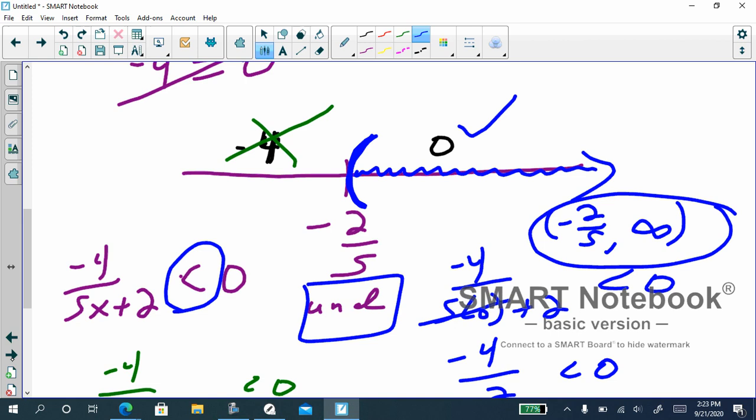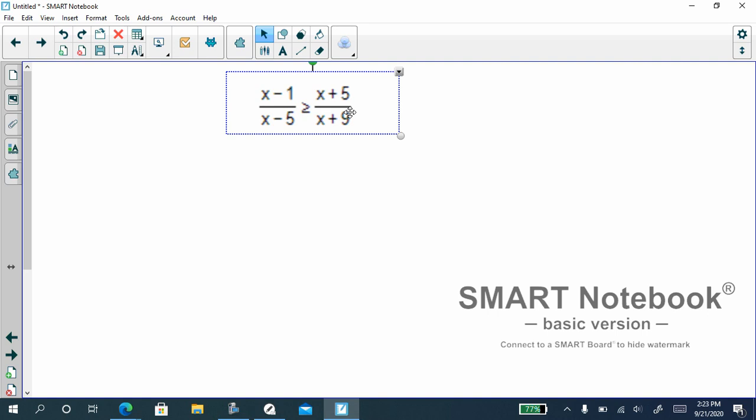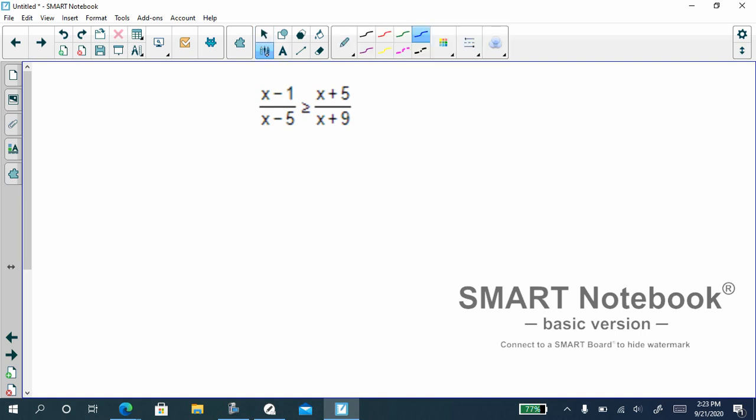All right, let's do one more. So if we start with our boundaries, we have two fractions. If this denominator is 0, that's a problem. So let's see what makes that 0.